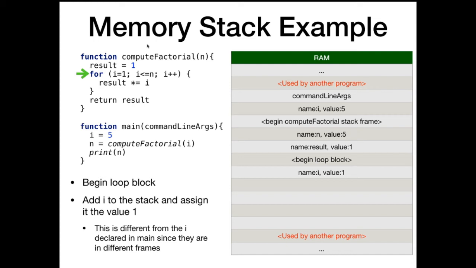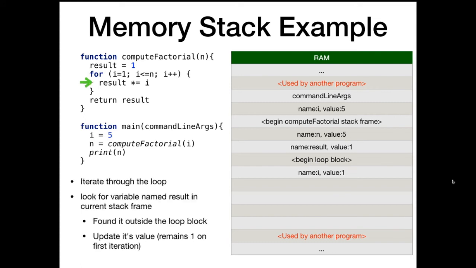Now we reach this variable result. We're calling a variable result by name. We're not declaring it. We're not creating a new variable. So now the machine has to figure out what is result? What is this variable? So it's going to start a search. It's going to start within the current block that we're in, looking for a variable named result.